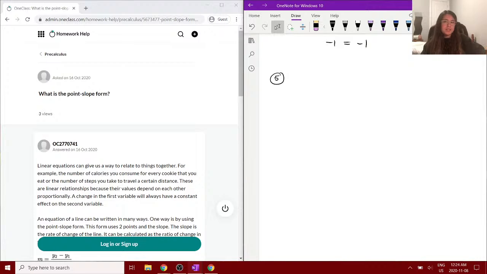So basically the point slope form is just a way of writing an equation of a line. I'm just going to draw a line. So we have a plot of y to x, or x to y. A linear line is just a line with no curves.